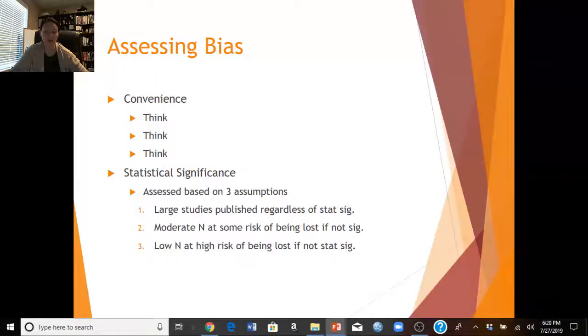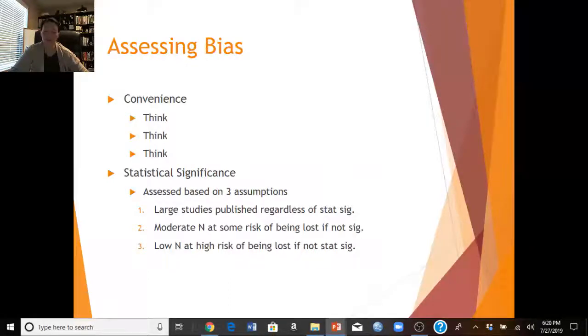If you had 2,000 people in your study and it was statistically significant, of course you're going to be published. What I'm trying to say is it doesn't matter what you found or how big your effect size was. Your effect size could actually be pitiful, really small. It could be in the wrong direction. It could be huge and in the right direction. Whatever the case, it's going to be published because it was a large N study.